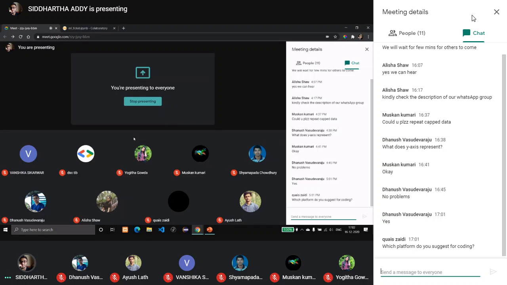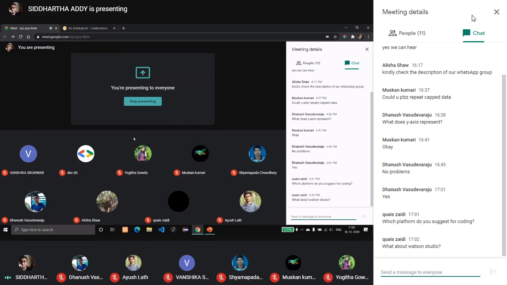And if you are downloading those files, you have to make sure that you use your GPU and CPU and all those settings. But in Google Colab, you can directly just import those libraries because they are already available in Google Colab. So for machine learning, I would suggest Google Colab. For general coding, I would suggest Visual Studio Code. You can just search it out on Google. You will understand.